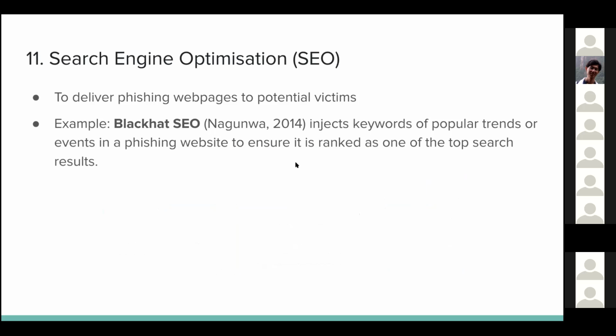Search engine optimization is part of phishing because it's used to deliver phishing web pages to potential victims. This SEO product, called Black Hat SEO, will inject keywords of popular trends, so that once the attacker sets up a phishing website, they use this to make it more widely known. Oh, really? Does that really work?